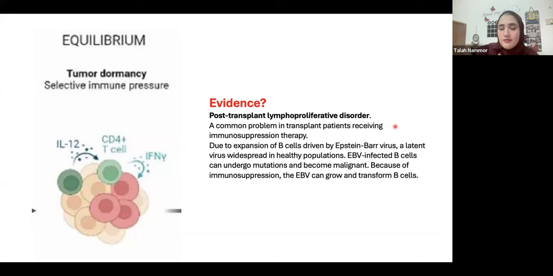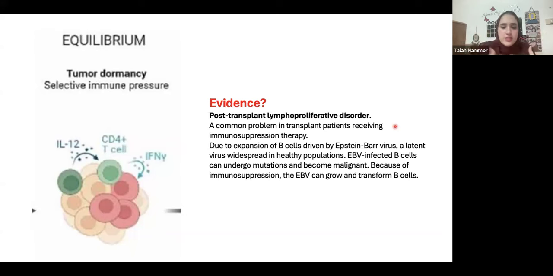Usually the doctor used the EBV virus as an example, but the idea of lymphoproliferative disorder is that the body is going to start overproducing. It's from the name: lymphoproliferative, proliferative meaning proliferate.